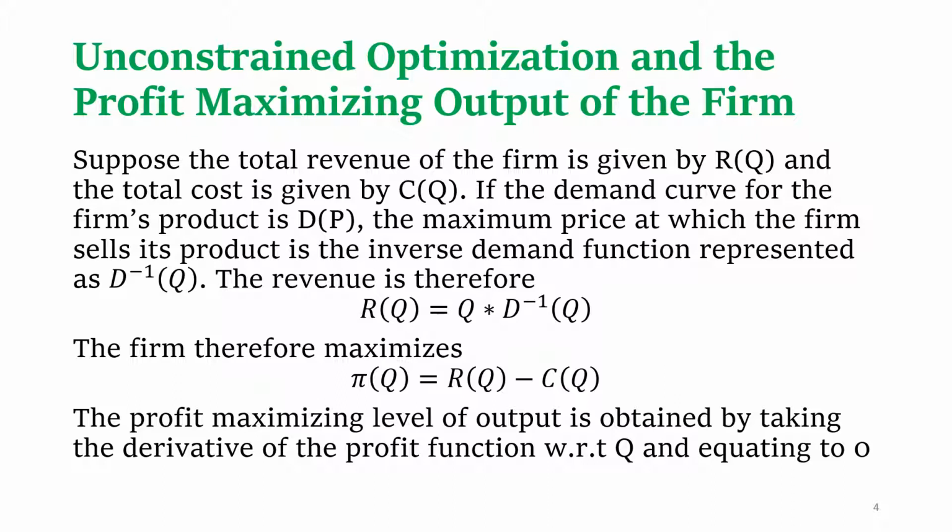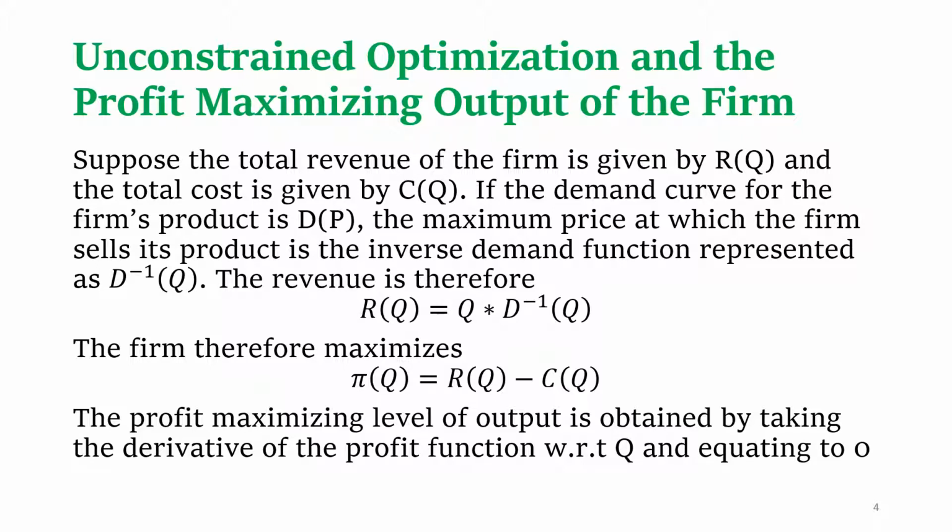But in unconstrained optimization, the idea here is to obtain the inverse demand function. If we are given a demand function, all we need to do here is to obtain the inverse demand function. Why do we obtain the inverse demand function?